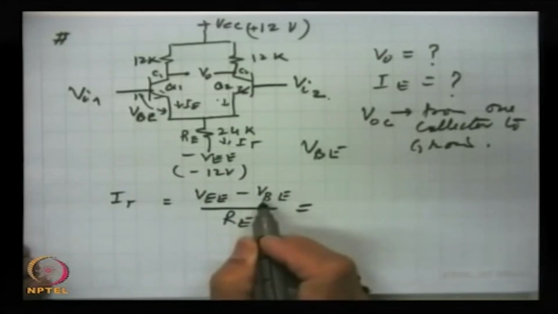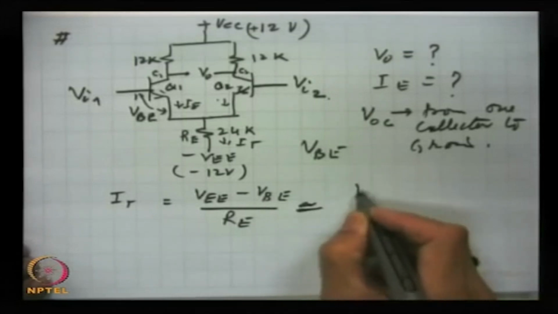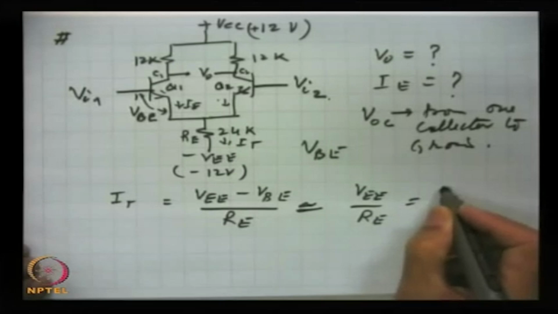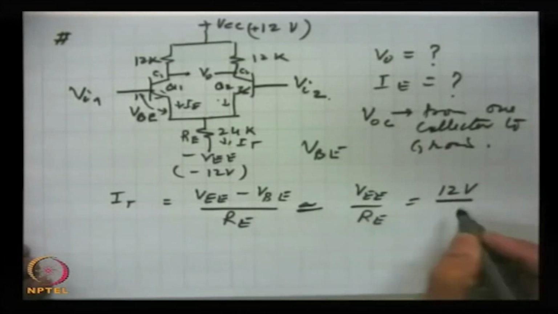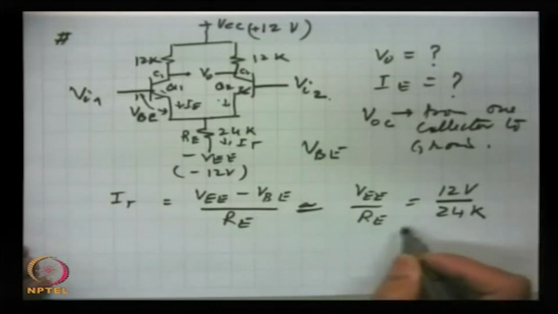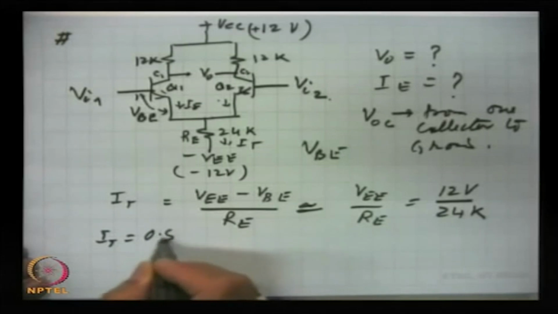This voltage is very small in comparison to this, so this is approximately equal to VEE by RE, and this is 12 volts and this is 24 K. So, IT becomes 0.5 milliampere.